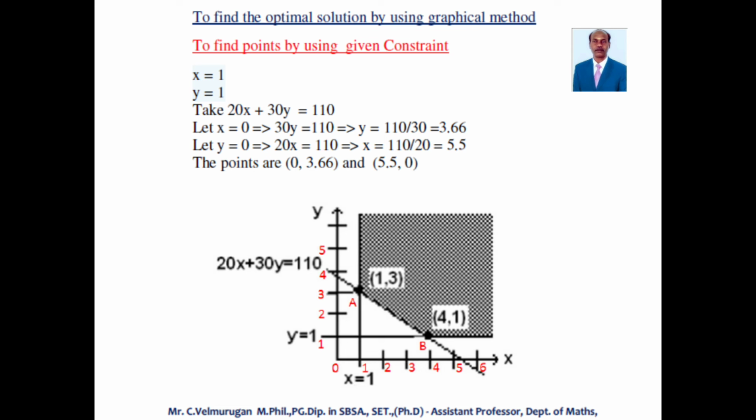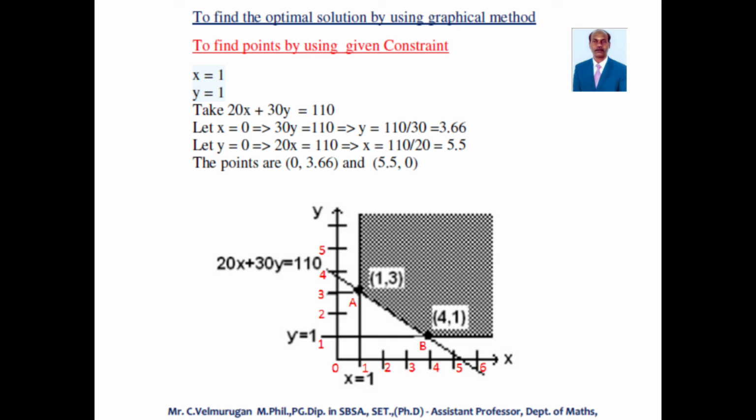If we consider the first equation, x equal to 1 line, we consider the right hand side. If we consider the second equation, y equal to 1, we consider above the line. Likewise, for the third equation, 20x plus 30y equal to 110, that is also above the line only.